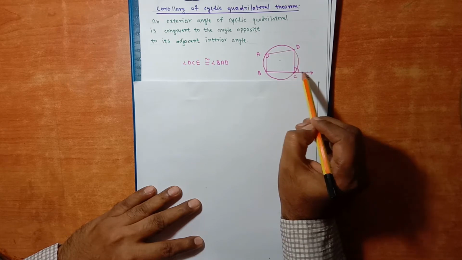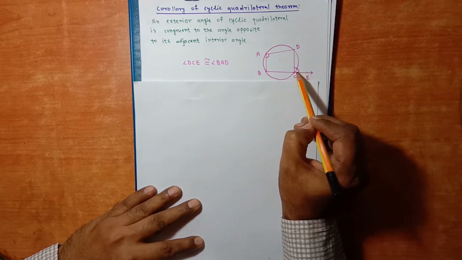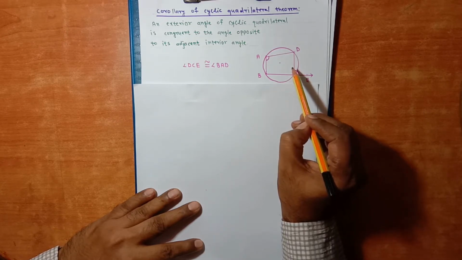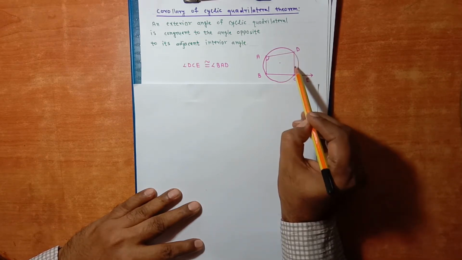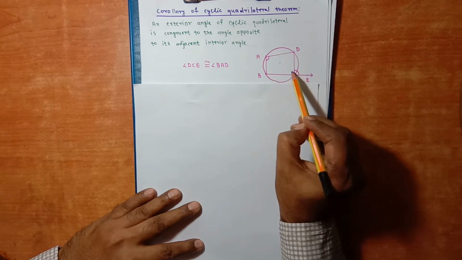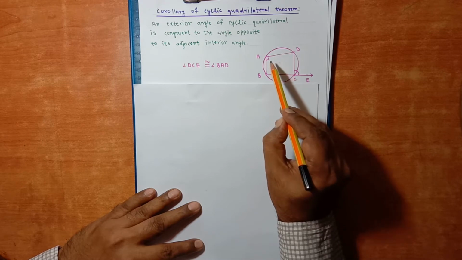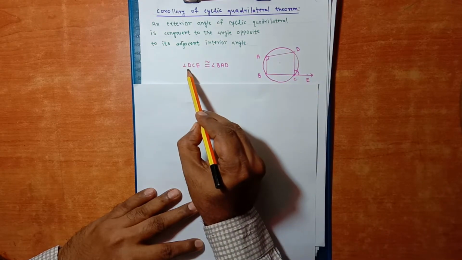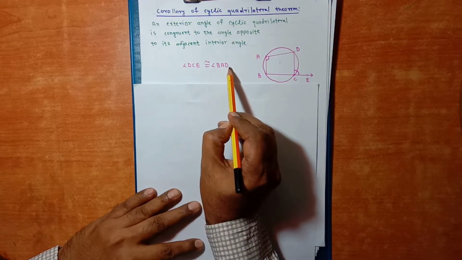Angle DCE is its exterior angle because it makes a linear pair with this interior angle. The adjacent interior angle is angle DCB, and the opposite angle of angle DCB is angle A. So angle A and angle DCE will be congruent. Angle DCE is congruent with angle BAD.